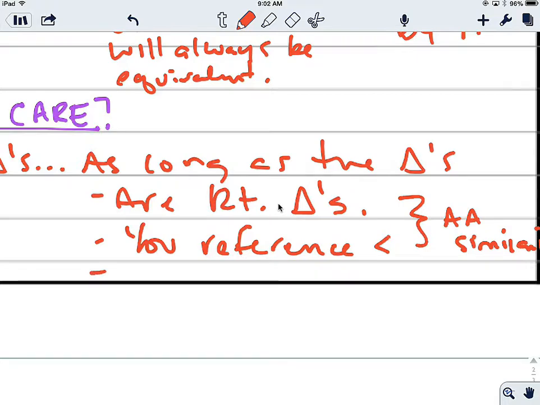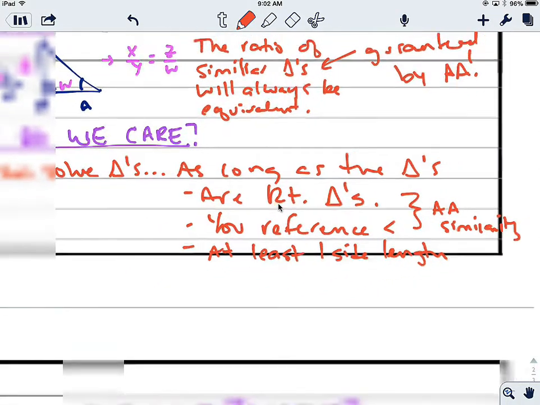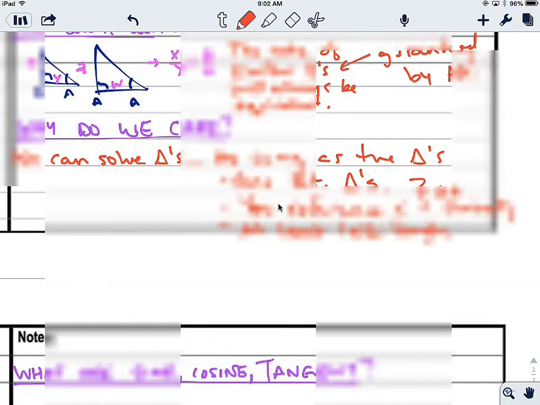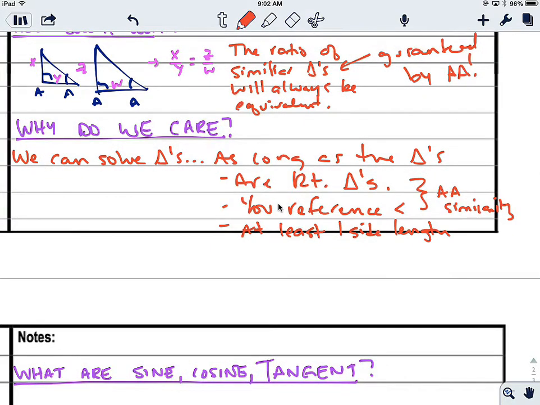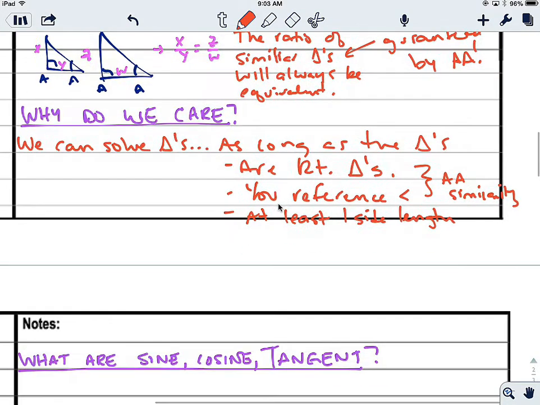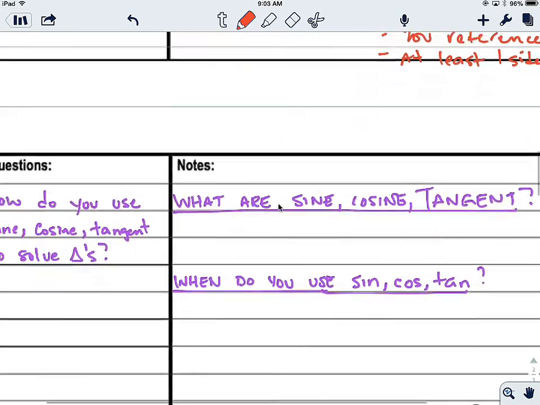And then you have at least one side length, and so you have something to compare the ratio to. That's really the whole idea. So if you have this right angle and reference angle that guarantee angle-angle similarity, and you have one more side, you should be able to find the other two, because you can use the ratio to your advantage, which you saw over and over and over again.